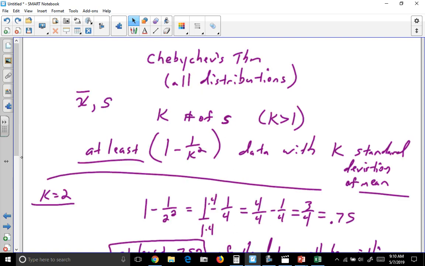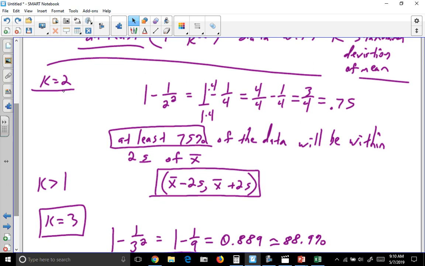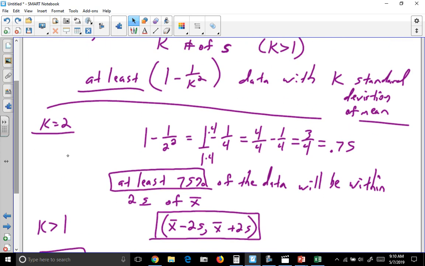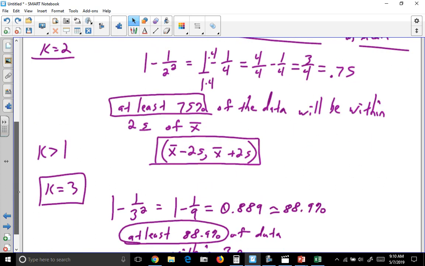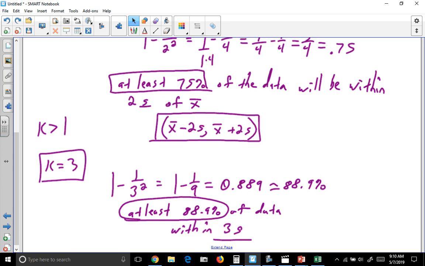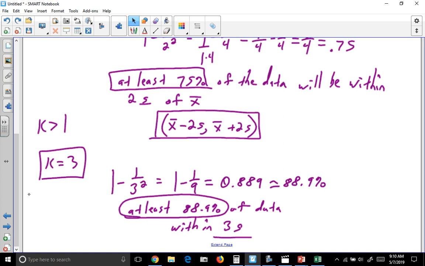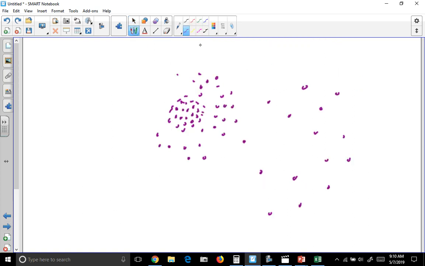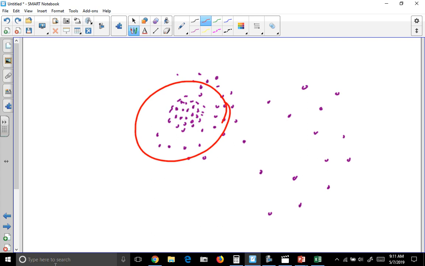Same idea here. If we are really close to the mean, within, let's say, 2 standard deviations, we're going to have a good bit of data. But the farther we get away from the mean, we're going to have less and less data. But as our interval gets larger and larger, if we just looked, let's say, in this loop, that's a good chunk of our data.